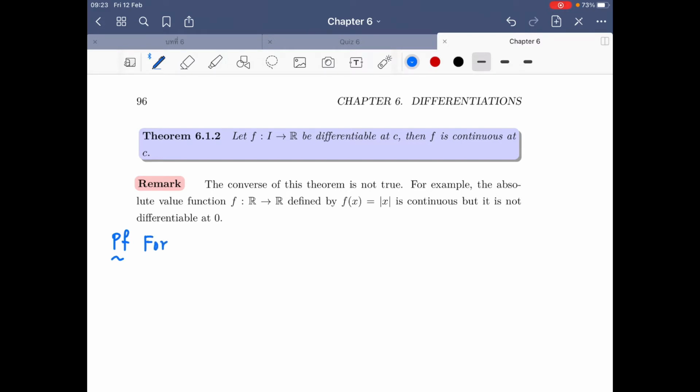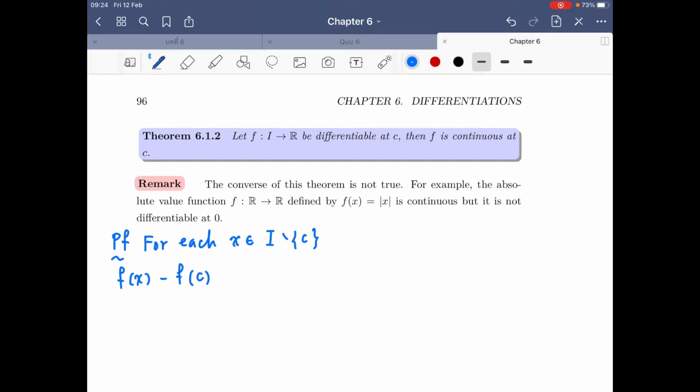We let x be arbitrary in this interval I, except the point c. As I told you, if f of x and f of c are equal under the limit, then we can conclude about the continuity.